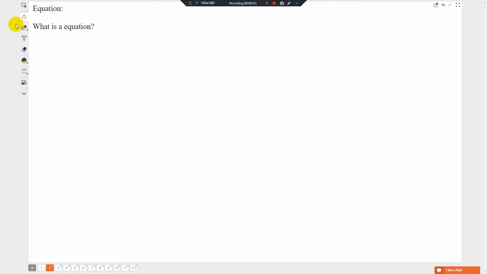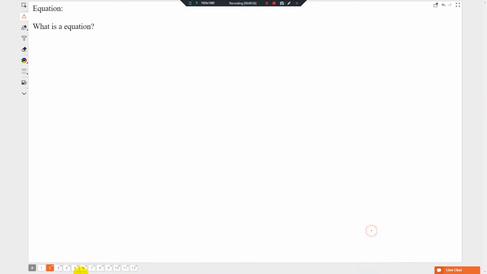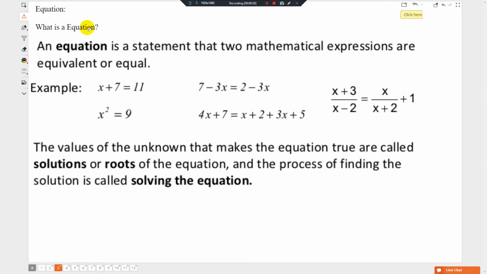We have learned about expression. So what is an equation? An equation is a statement that two mathematical expressions are equivalent or equal.